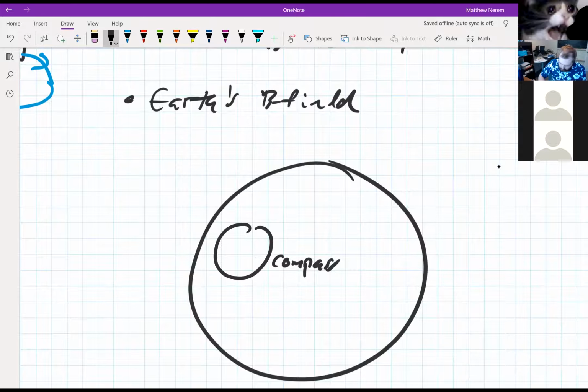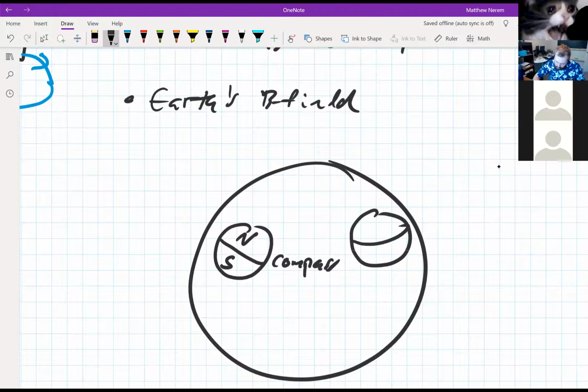North, south. Whereas if I go over here, north, south. All right. So a compass is another magnet.